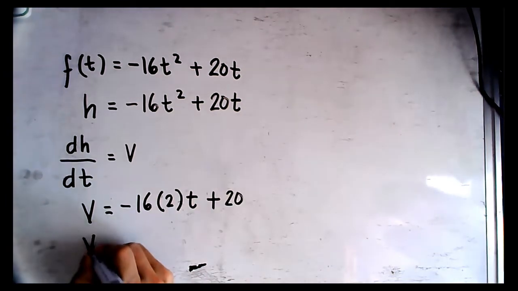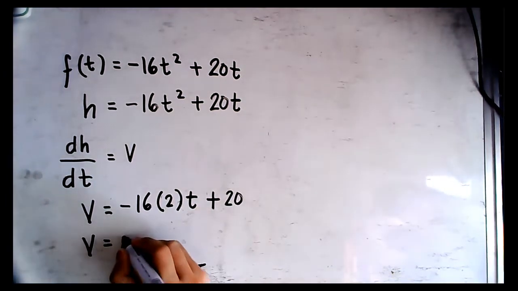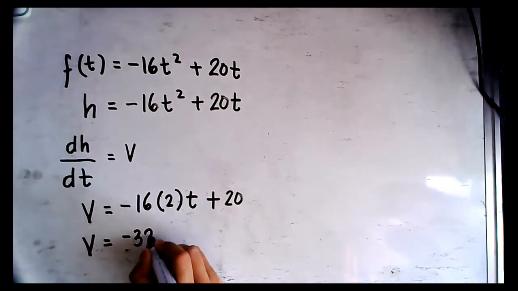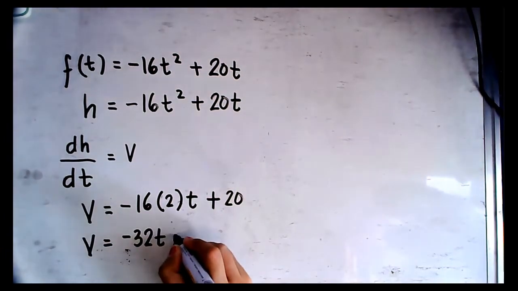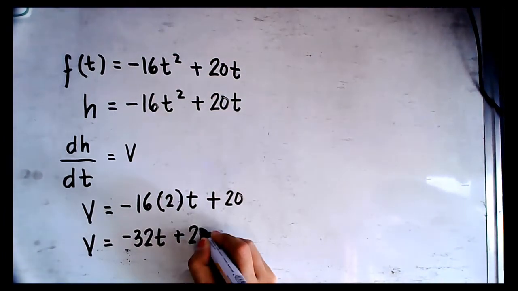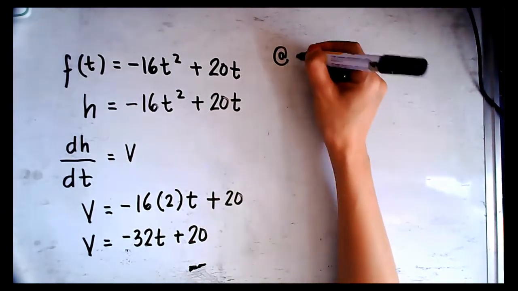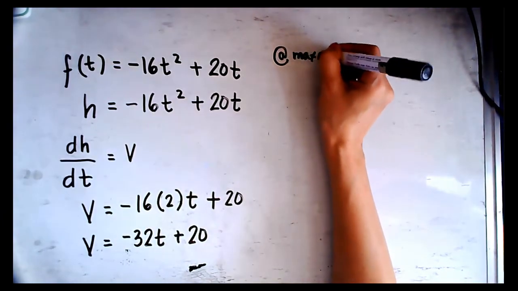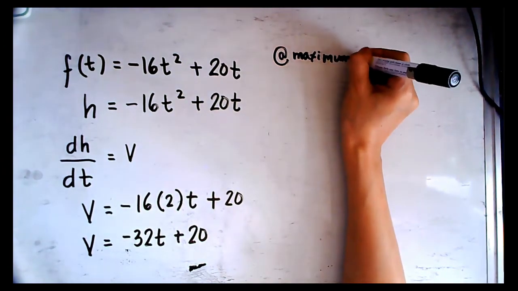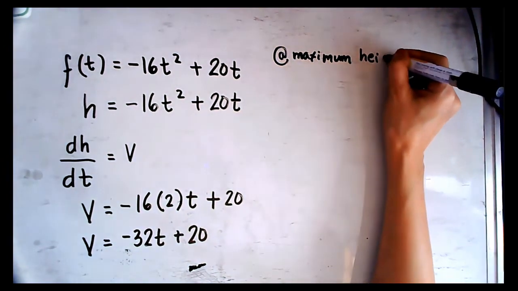So the velocity equation is simply negative 32t plus 20.